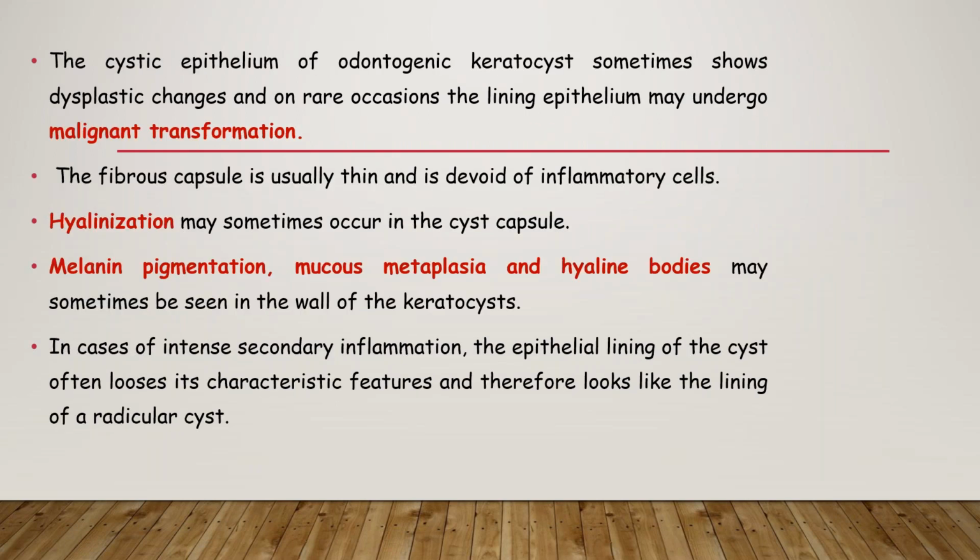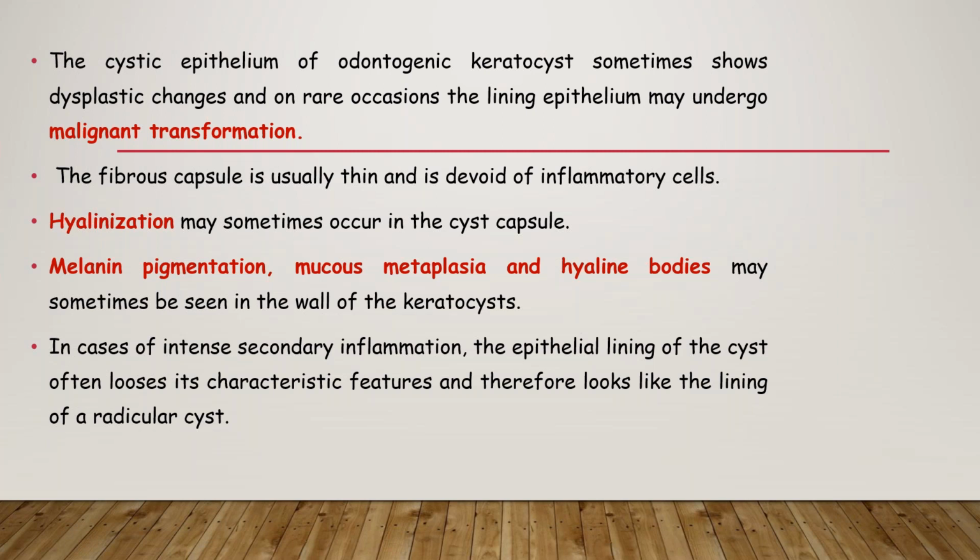The cystic epithelium of odontogenic keratocyst sometimes shows dysplastic changes, and very rarely it shows malignant transformation. The fibrous capsule is usually thin and devoid of inflammatory cells. It also shows hyalinization, melanin pigmentation, mucous metaplasia, hyaline bodies, and sometimes the presence of cholesterol.